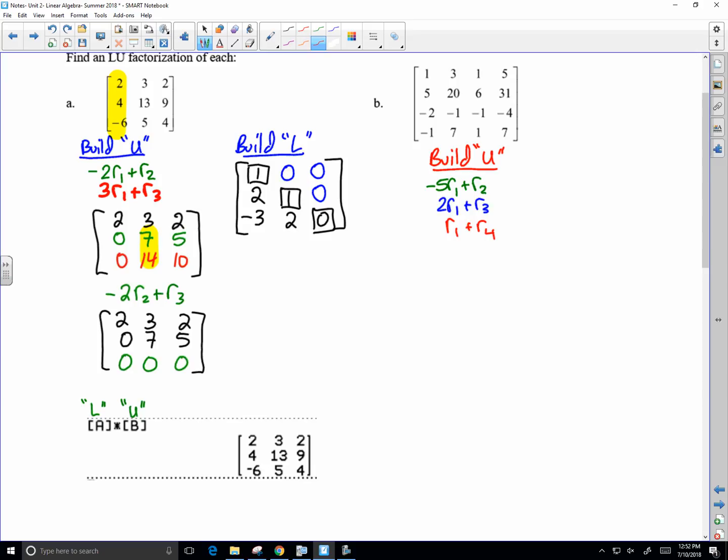Okay, so I'm going to zero out all the entries below the 1 in column 1. So multiply by -5, then by 2, then by +1, and then add the other entries.